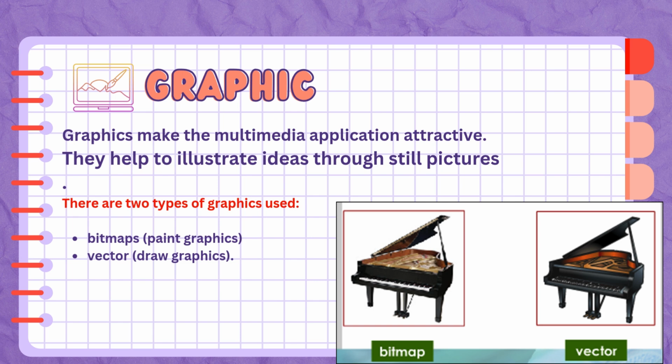Bitmap images are real images that can be captured from devices such as cameras or scanners. Graphics make the multimedia application more attractive, and they can help to illustrate ideas through still pictures. You cannot just say cat, especially if you are teaching in elementary.